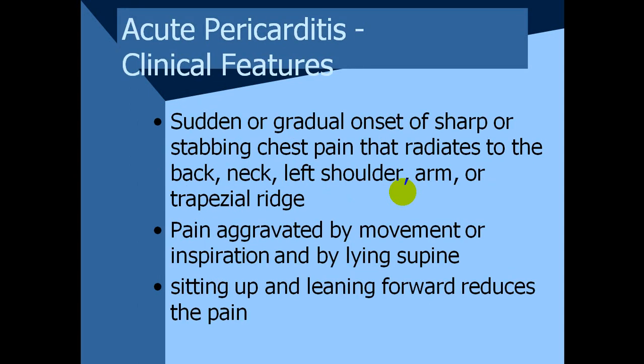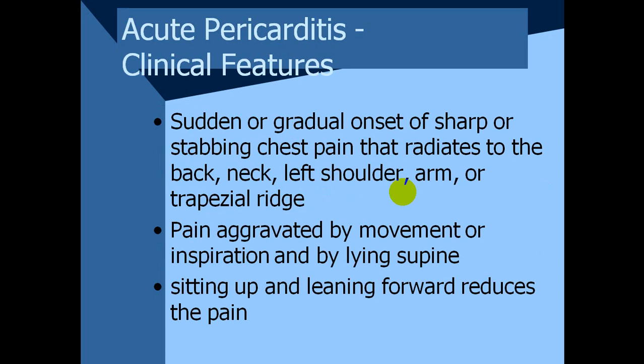The clinical feature is sudden or gradual onset of sharp or stabbing chest pain, like ischemic chest pain, that radiates to the back, neck, left shoulder, arm, or trapezius ridge. The pain is aggravated by movement, inspiration, or lying supine.